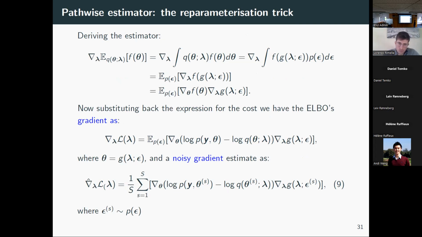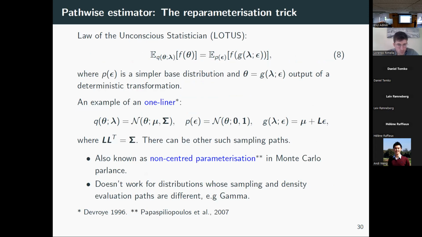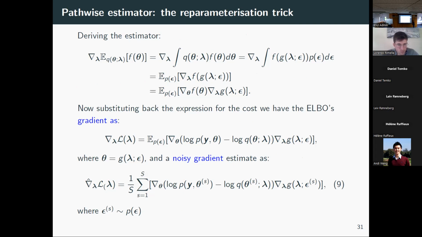Then just the chain rule, you substitute back the actual function, and then you get what you want, your Monte Carlo expectation. The samples are generated from a parameter-free distribution. For example, if I choose a Gaussian, then it's just a sample from the standard Gaussian, and that's it.